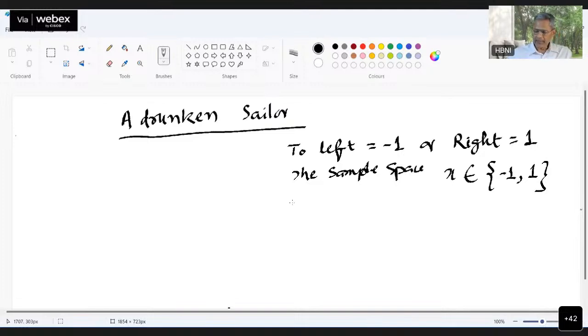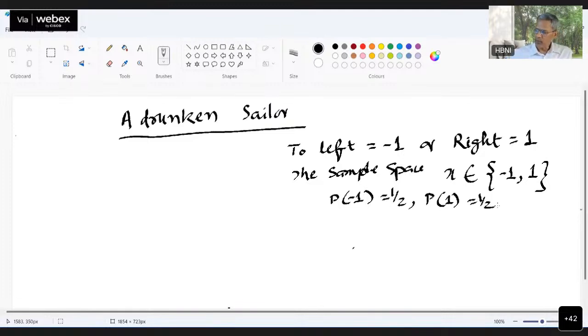When he starts from a particular position, let's say position 0, he can go to the left or he can go to the right. The probability of -1 is half, and the probability of going to +1 is also half.